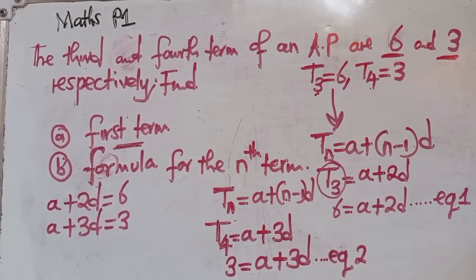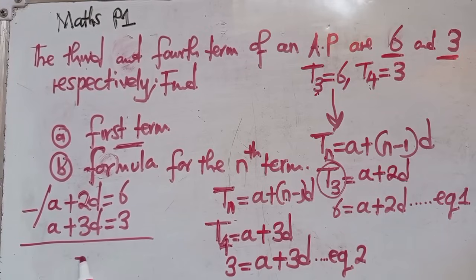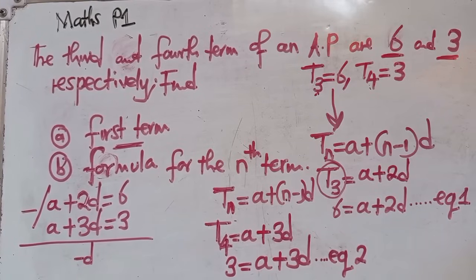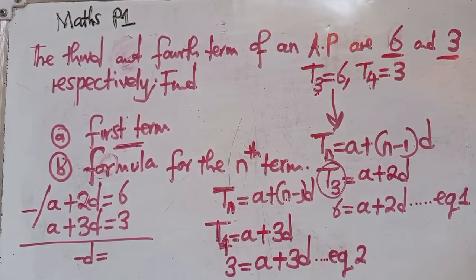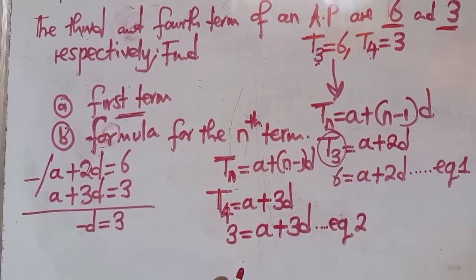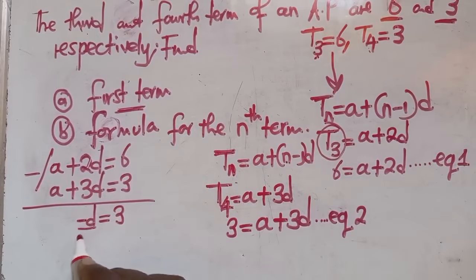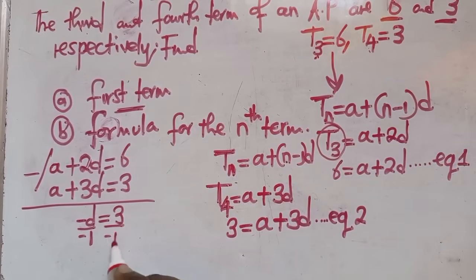I'm going to subtract both equations. a minus a is 0. 2d minus 3d is negative d, so negative d is equal to 6 minus 3, which is 3. With these answers, I divide both sides by negative 1.